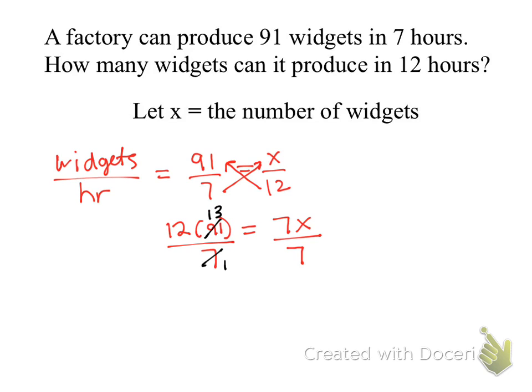So then I'm just multiplying. Since I knew that, 12 times 13 is what? 156. And that stands for 156 what? Widgets. Thingamabobbers. 156 widgets in 12 hours. All right, and that's it. We're out. Technically, they would be a widget.